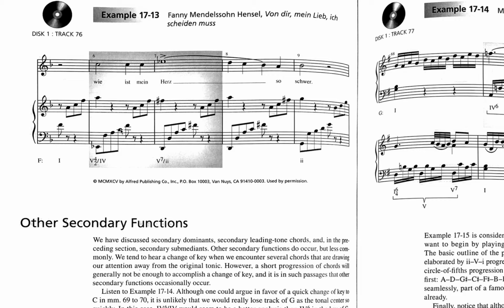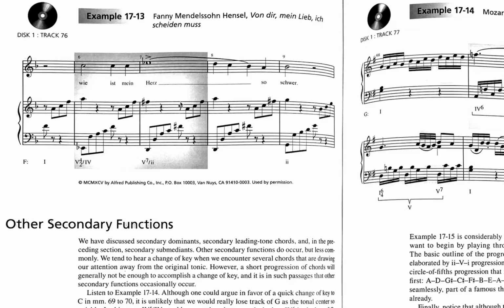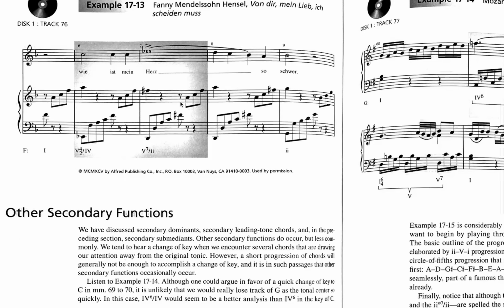Look, C and A here, C and A here, C and A, C and A. And then we have E flat and F. E flat becomes D, and F natural becomes F sharp. Okay? So, a very interesting way of working that in.